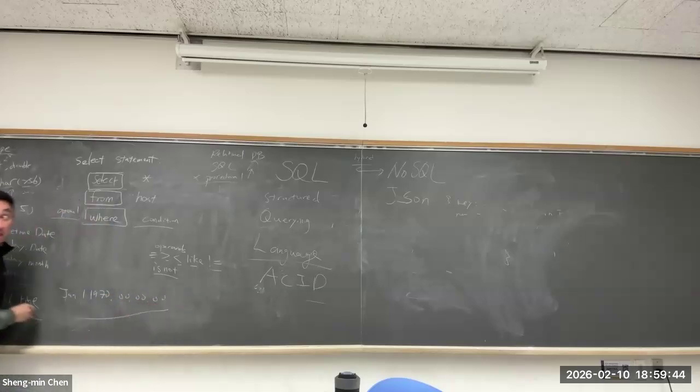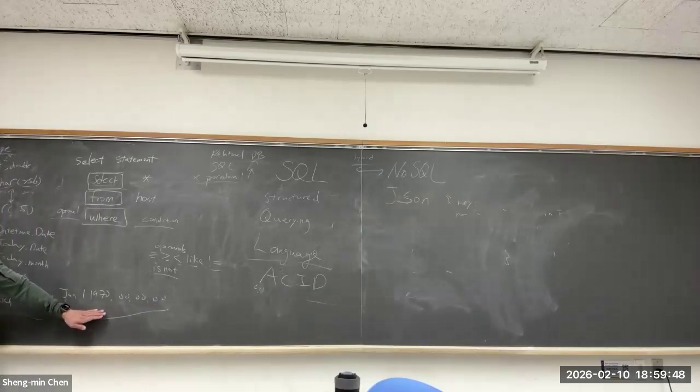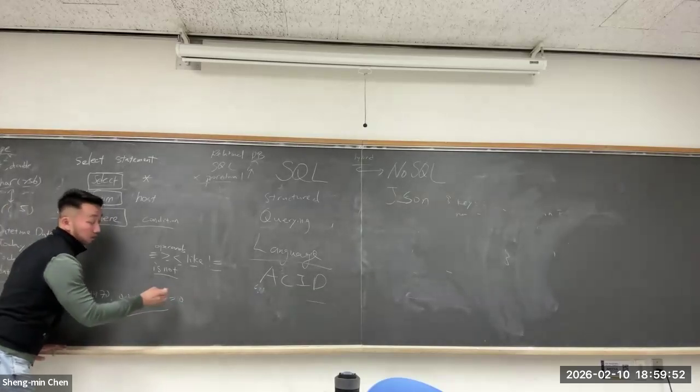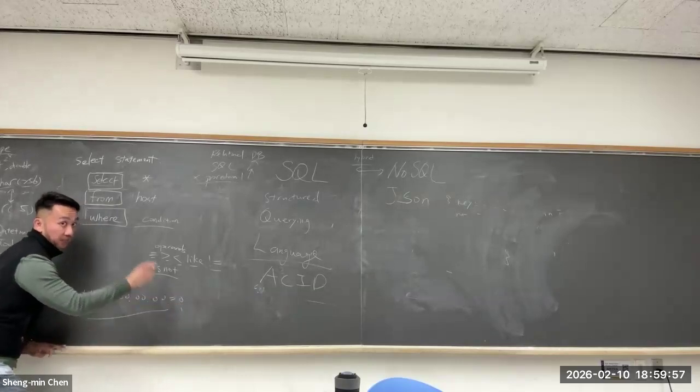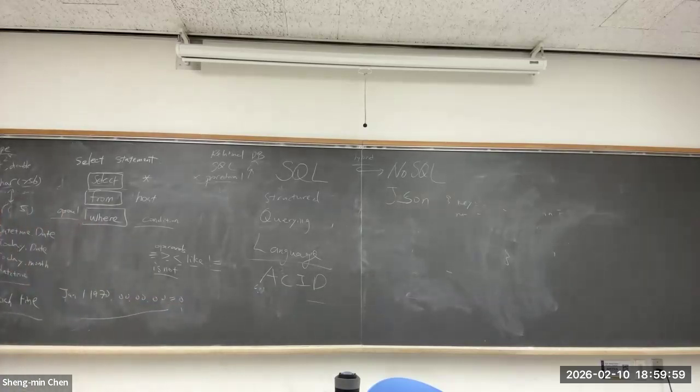So basically, epoch time starts here. This is 0. Every next second is 1, all the way to today. So for each second from that time on, there's a specific number.